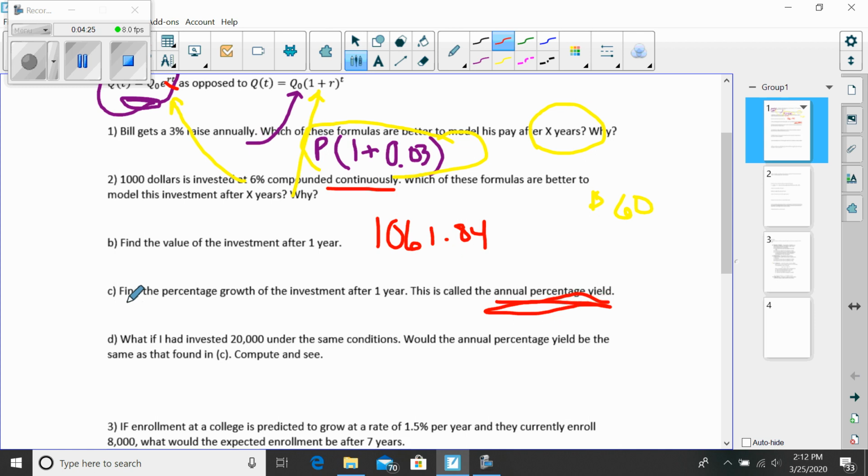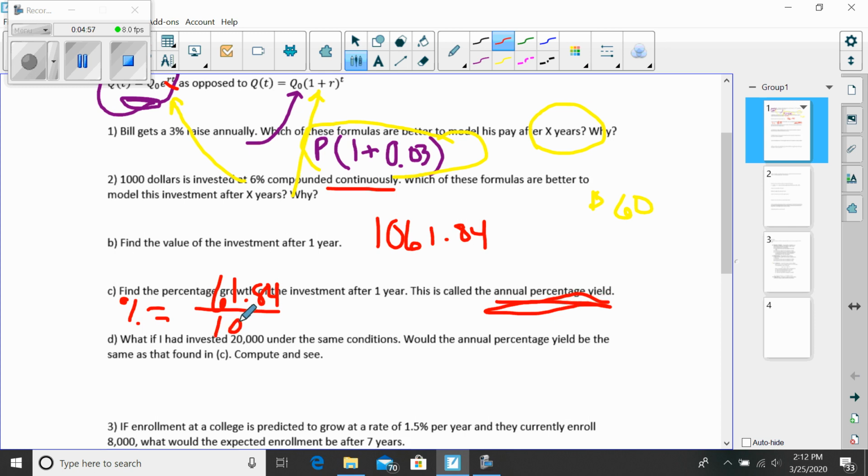So if I look at the percent increase, you had this as a prerequisite skill from Monday. The percent increase is equal to the amount of increase. I'm not going to even try to do that, I'm just going to write it with the numbers. The amount of increase, which is 61.84, divided by the original amount, which was 1,000.